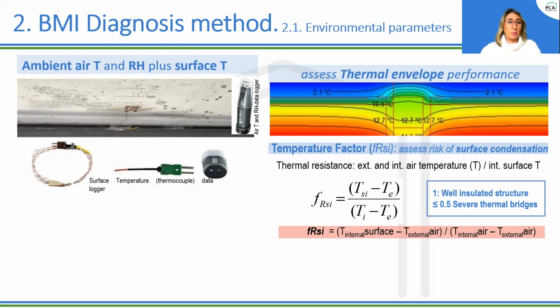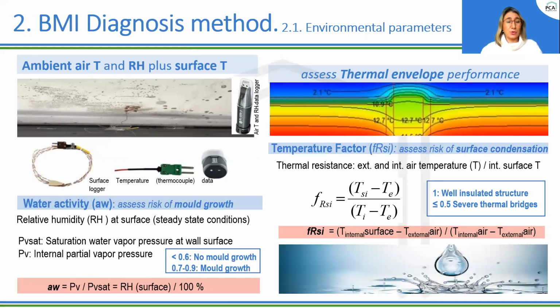Then, with those raw parameters again, we can calculate water activity in order to assess the risk of mold growth. So what is the water activity? It is the relative humidity at the surface in steady state conditions, and is calculated from saturation water vapor pressure and internal vapor pressure.